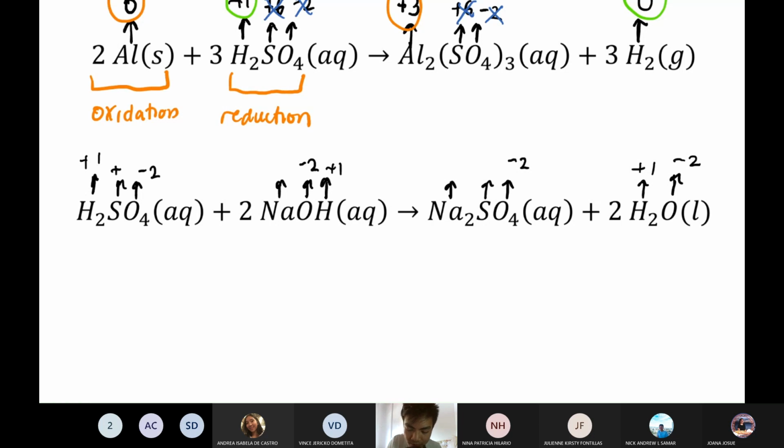Sulfur, this is positive 6. This is also positive 6. And sodium is positive 1. And this is also positive 1. Okay. So these are the oxidation numbers.